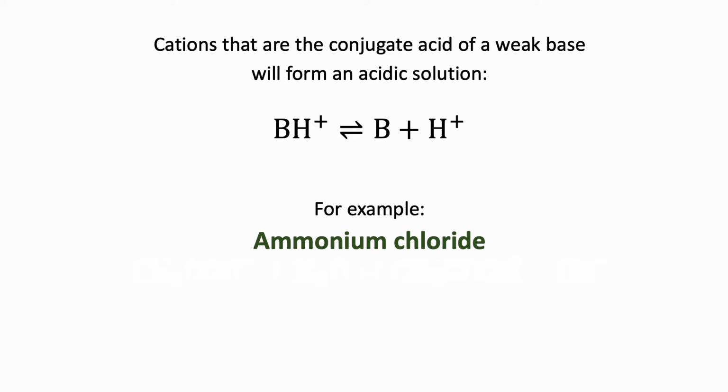Most of the salts that do this are going to be ammonium salts. Ammonium is the conjugate acid of the weak base ammonia, so after the salt dissolves and ammonium goes into solution, ammonium can dissociate to form ammonia and H+.